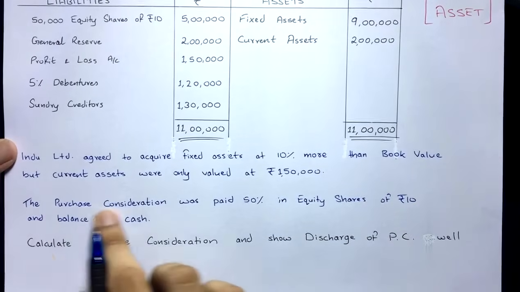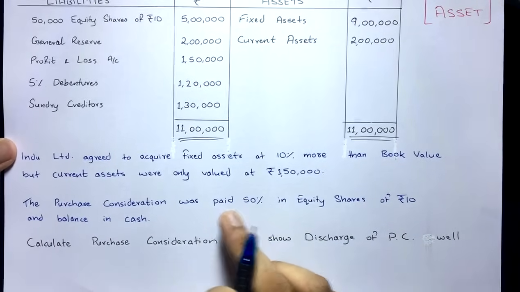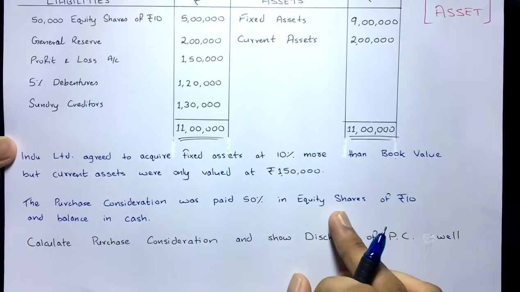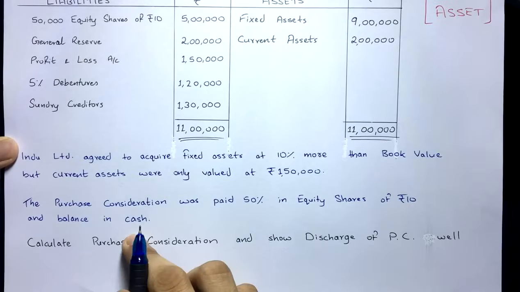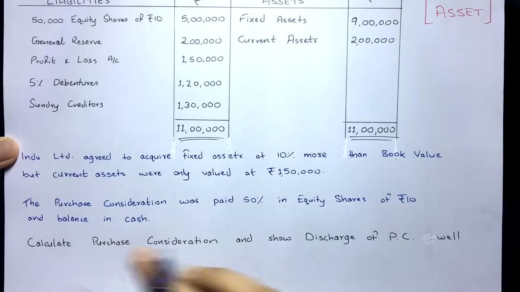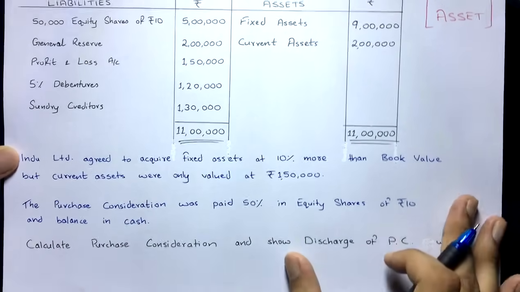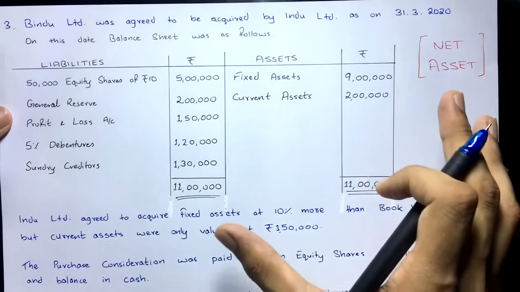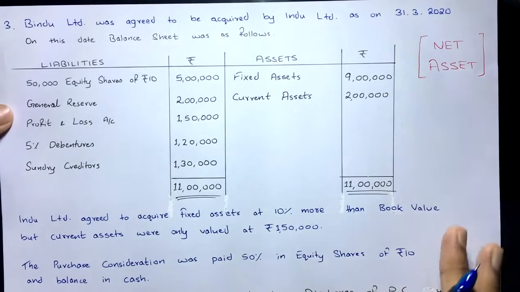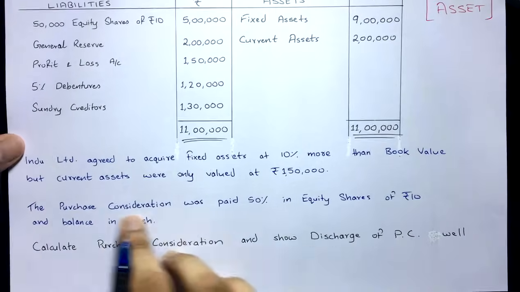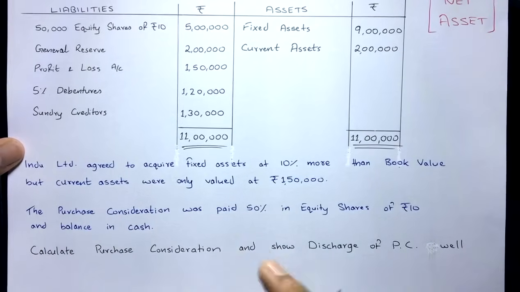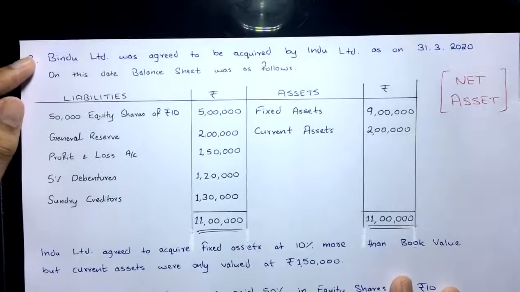And then they have said the purchase consideration was paid 50% in equity shares of rupees 10 and the balance in cash. So what is this sentence? First you will calculate the PC, the purchase consideration amount. Then this line says in what form the purchase consideration is paid to Bindu Limited.